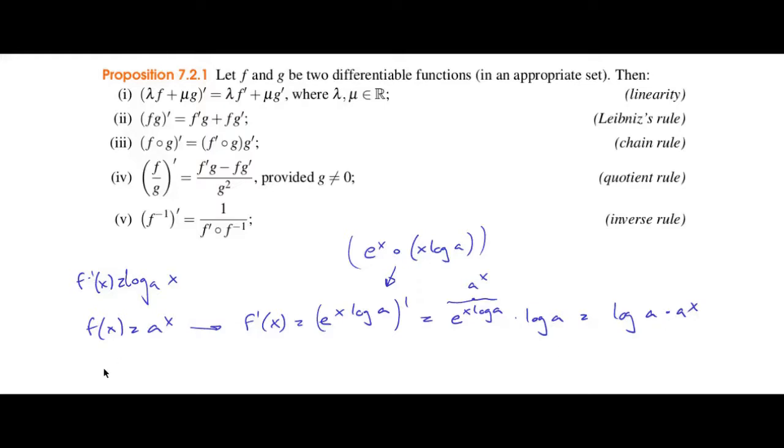Now the derivative of the logarithm of x in base a is 1 over this derivative, evaluated at the inverse. So this is a to the log base a of x times the logarithm of a. Now a to the log base a of x is x, so this is 1 over x logarithm of a.